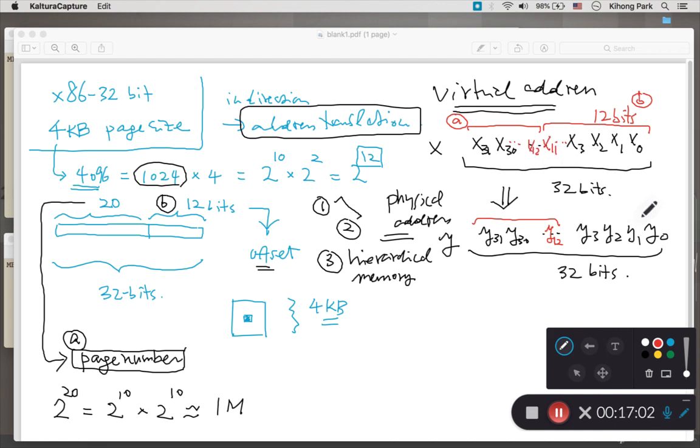However, the offset, these guys, Y0, Y1, Y2, Y3 until Y11, they don't need to change. That is, Y0 is the same as X0, Y1 is the same as X1, etc.